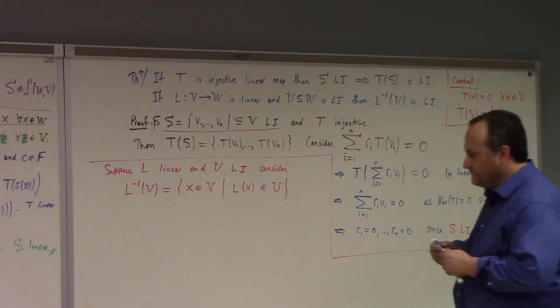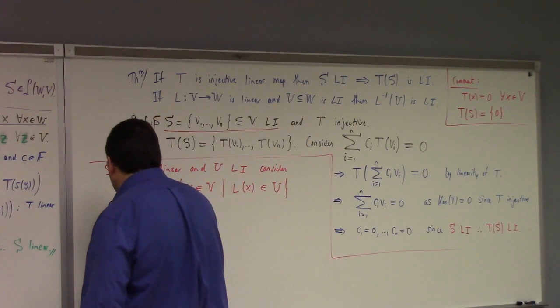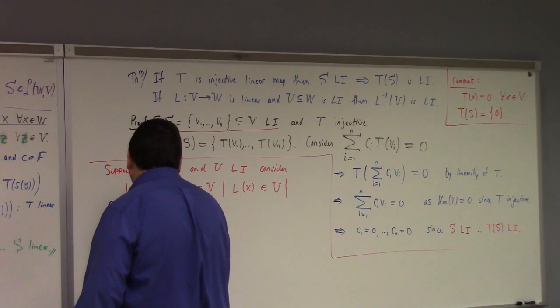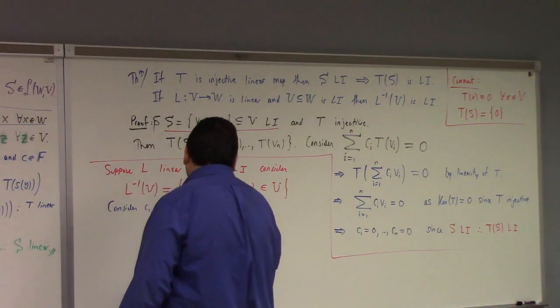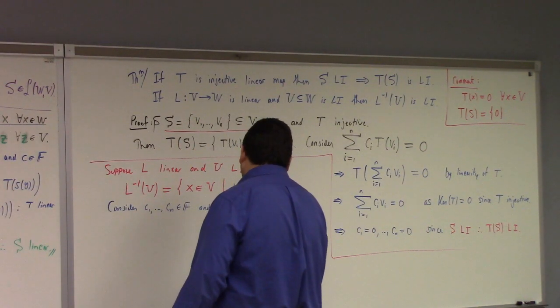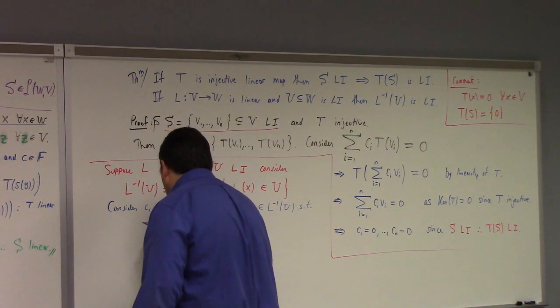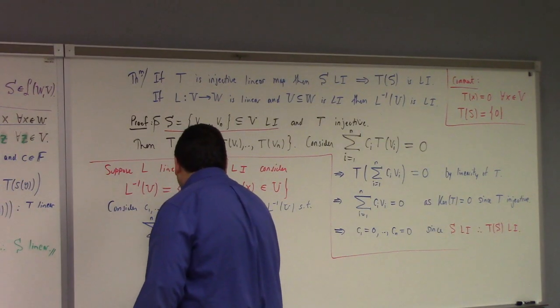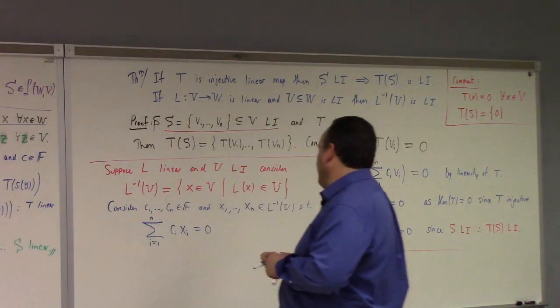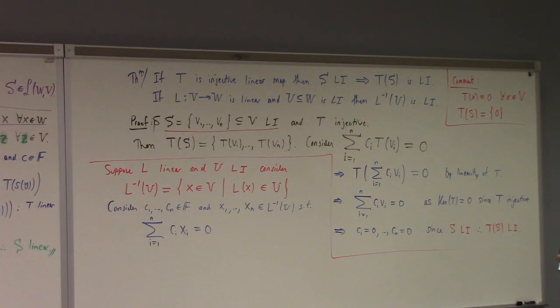Okay, so consider c1 through cn in the field and x1 through xn in the inverse image, such that the sum i equals 1 to n of ci xi is equal to 0. So what do I do?